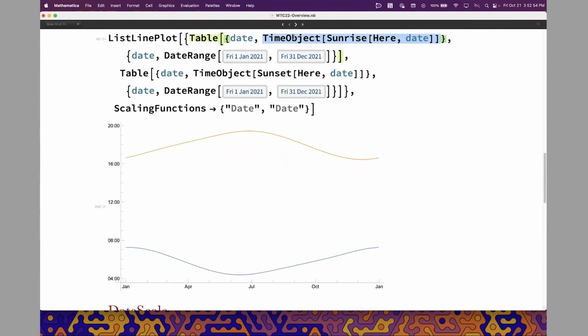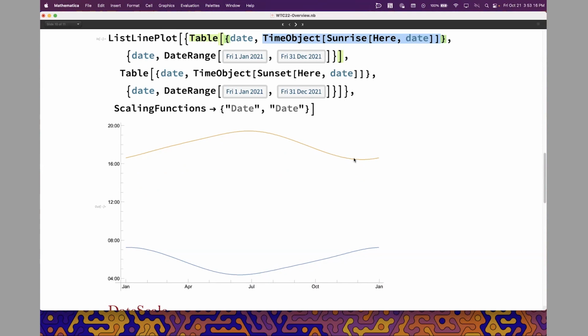then we actually have sort of a normal date axis along the x-axis, which, okay, yeah, we've had that for a long time. But we also have a date axis along the y-axis, which is showing us sort of over the course of the day when we have sunrise, when we have sunset.